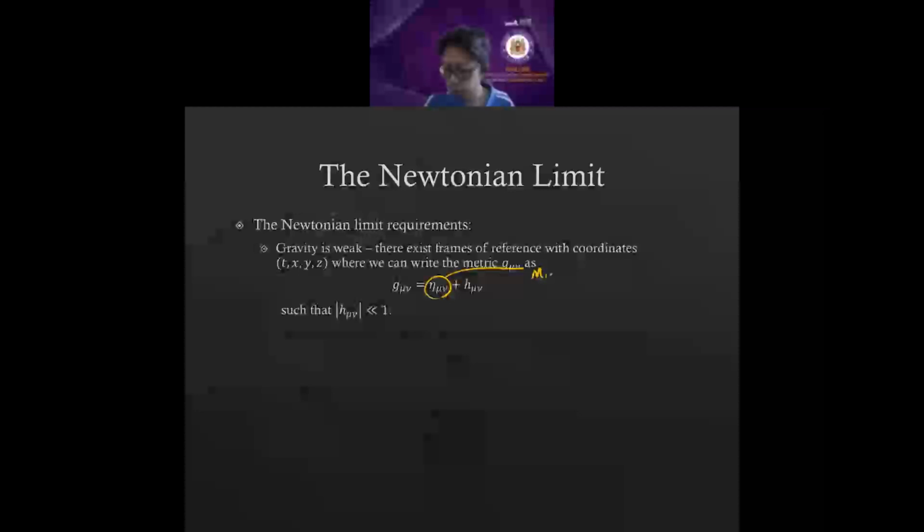This is the Minkowski metric, and this is some perturbation away from the flat spacetime. This means that each component of this h is very small, less than one.